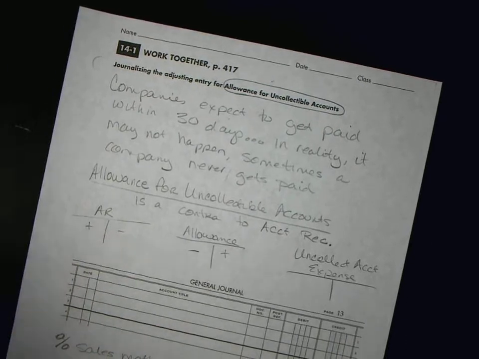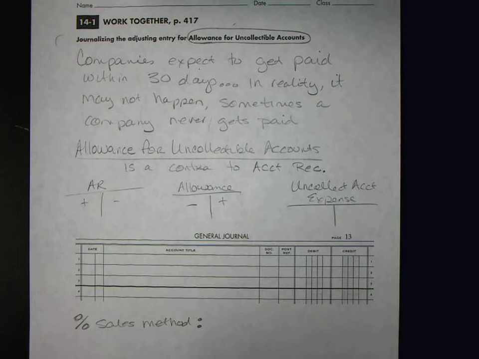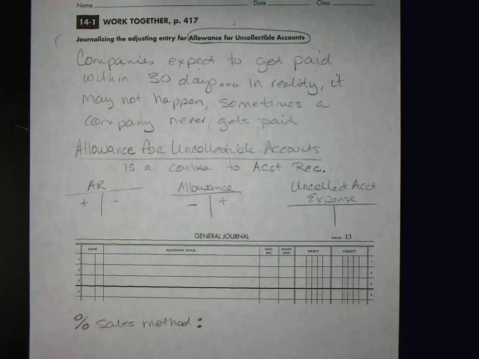Okay, which takes us to this page. One of the adjustments that we're going to make is an allowance for uncollectible accounts. Notes here: companies expect to get paid within 30 days. You know, we gave them a discount if they paid within 10, but it said 2/10, net 30, or N/30.